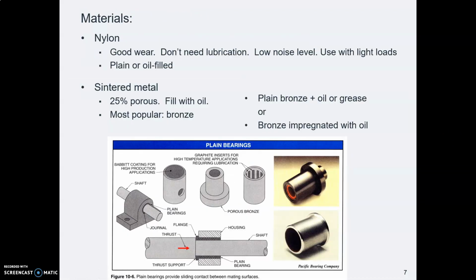Bushings might be made out of nylon, they might be made out of bronze, there are a few other materials. You sometimes see them made out of UHMW, ultra high molecular weight plastic. Nylon and bronze are the most common, and you can buy those that are oil filled, so the oil is built right into the material.